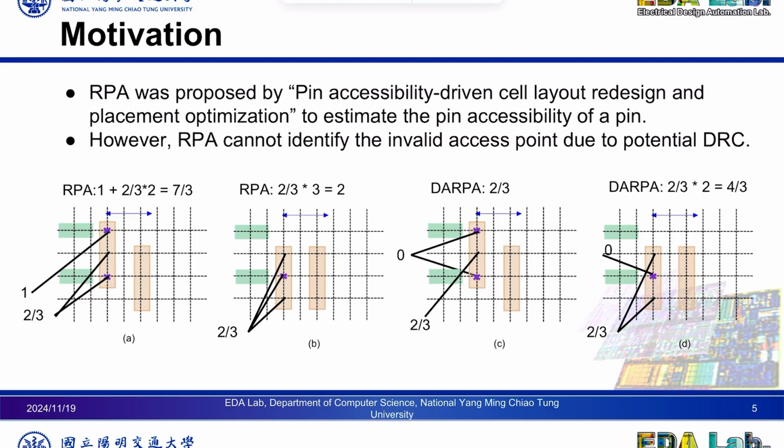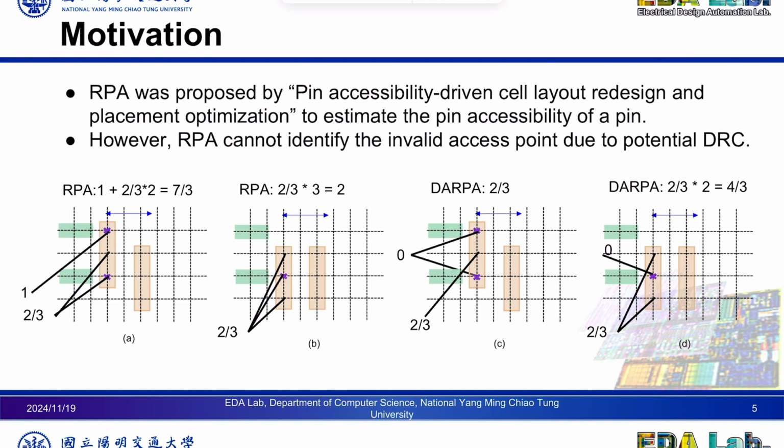Let's start from the motivation. Okay, the remaining pin access, RPA, was proposed by this paper, which uses a statistical method to estimate the pin accessibility of the pin. For example, these two pictures give a very simple example.